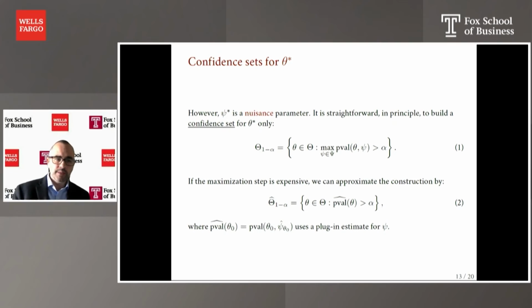Okay, that's something you can do by simply, for a given period, running least squares on your psi parameters, and then calculating the p-value and testing whether that p-value exceeds alpha or not. And this is how you construct confidence sets, not confidence intervals, because they don't have to be contiguous, but confidence sets. Okay.